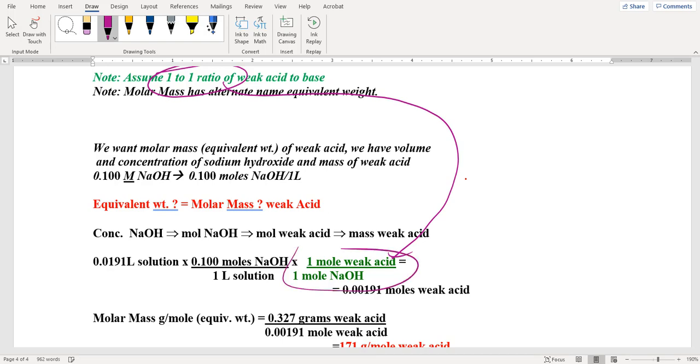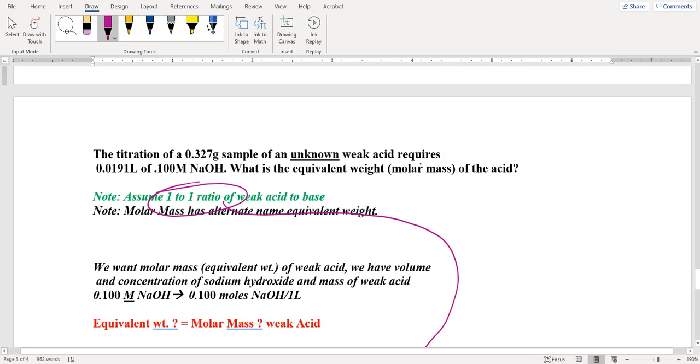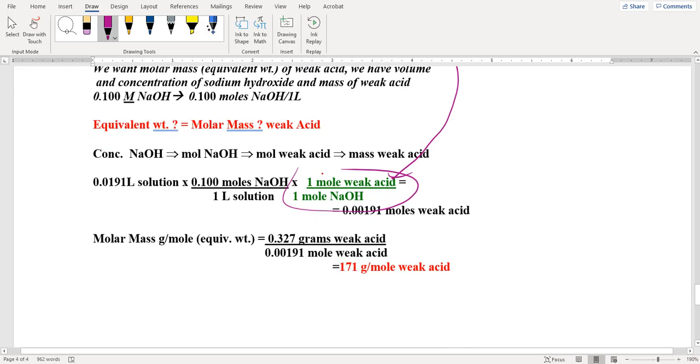So 1-to-1 ratio there. We're starting off with liters just to make our lives a little bit easier rather than mils. So molarity is a conversion factor. Everything cross cancels, leaving moles of our base. That cross cancels, leaving moles of our acid.